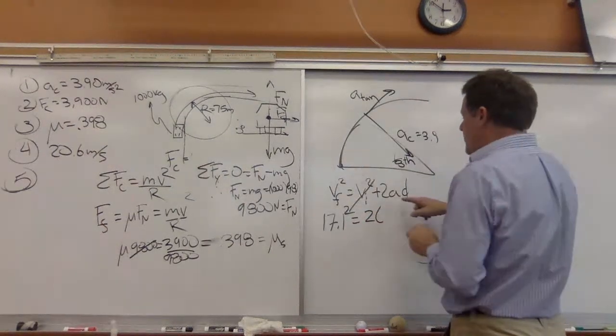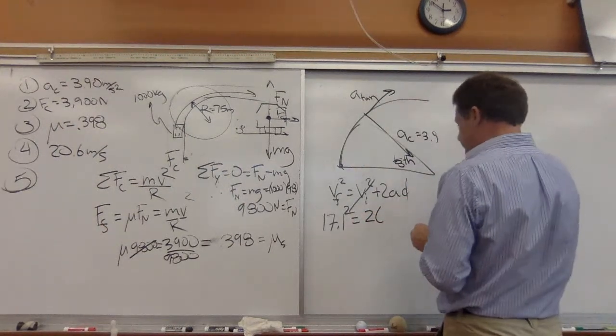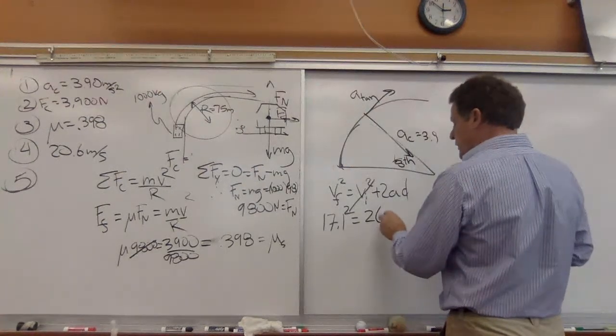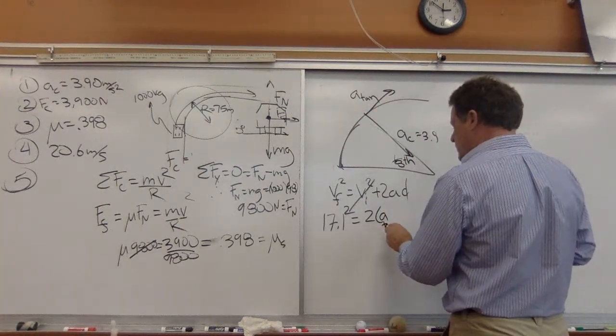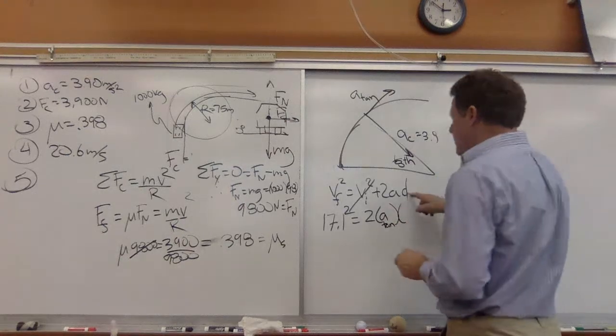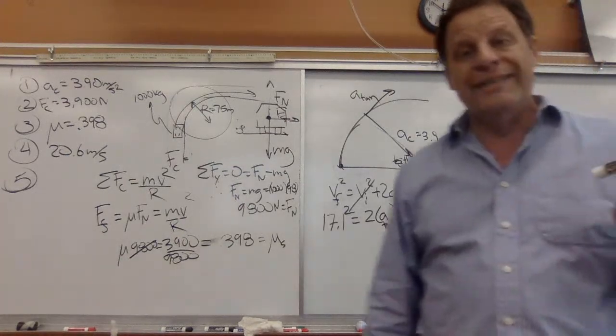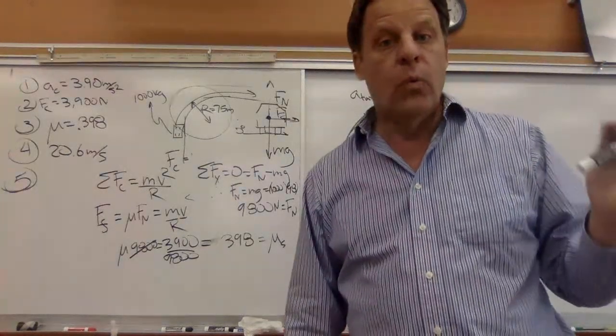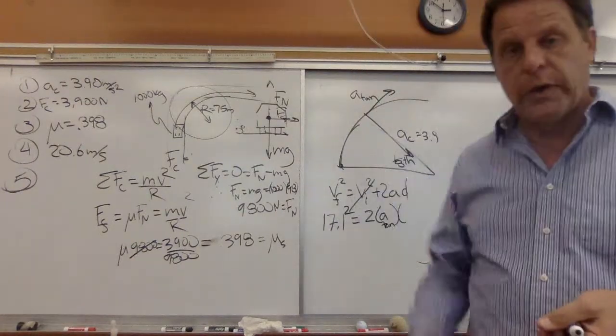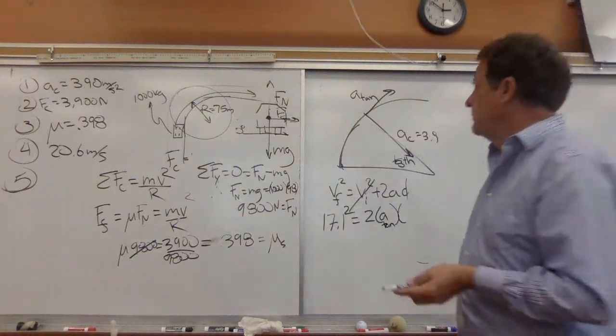We don't know the acceleration because this is the tangential acceleration. And how far does it go? What is the linear distance when we go 1/8 of the way around a circle?